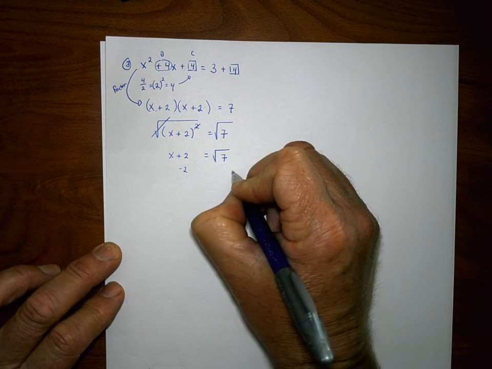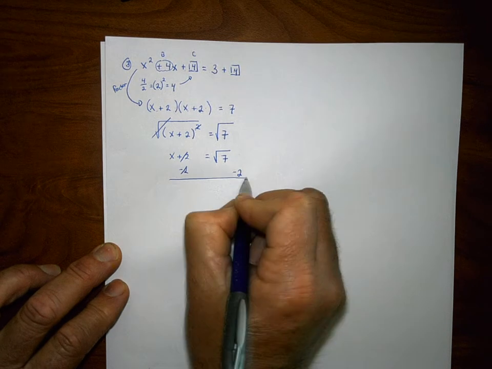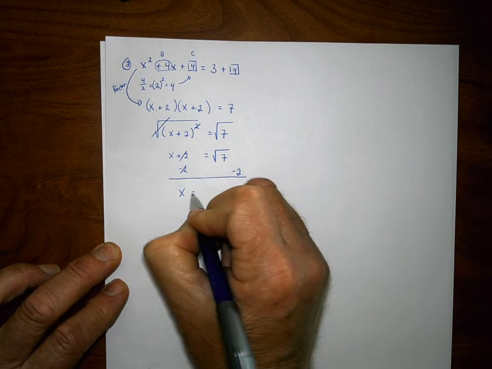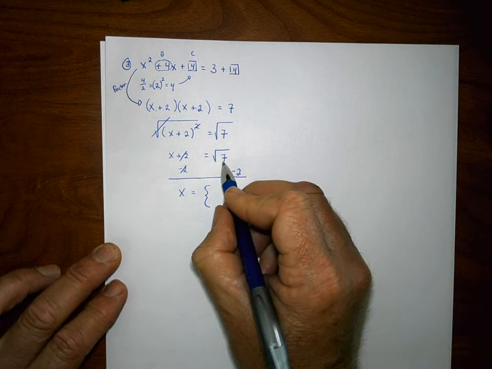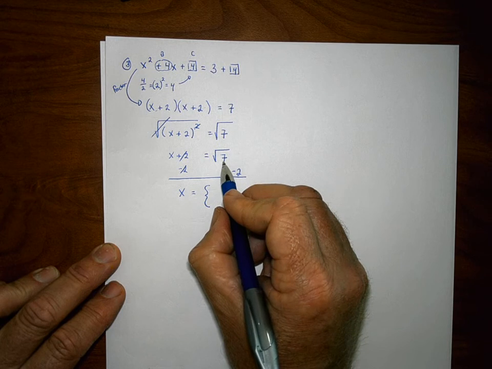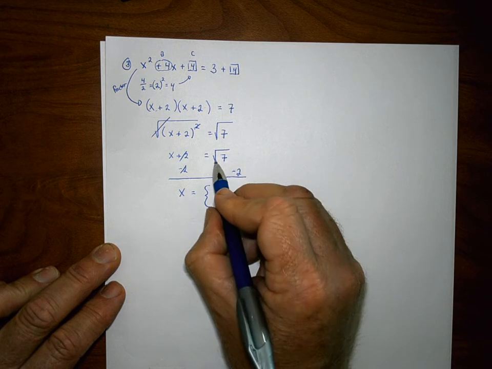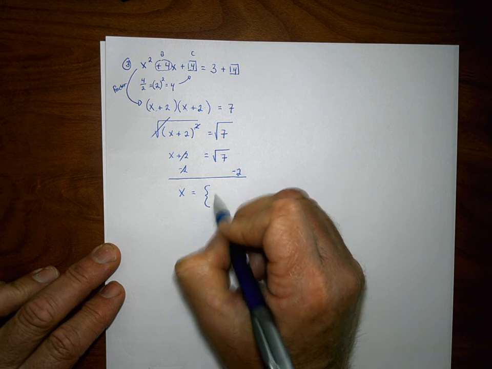Now notice when these 2's cancel out, I'm going to get 2 answers for x. Notice I put this minus 2 not underneath the 7 because I want you to realize that you cannot subtract 2 from the 7 because that 7 is inside this radical symbol. So what are my 2 answers?